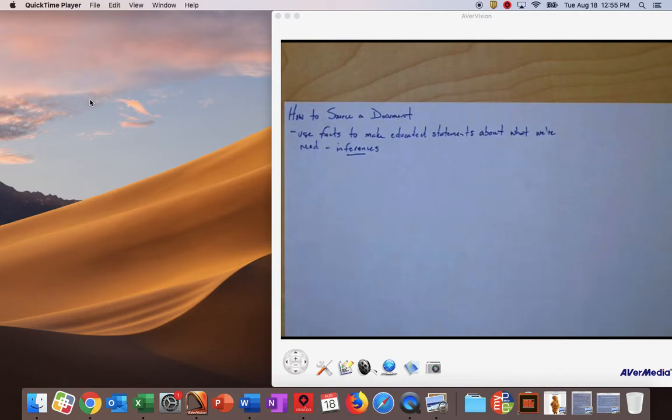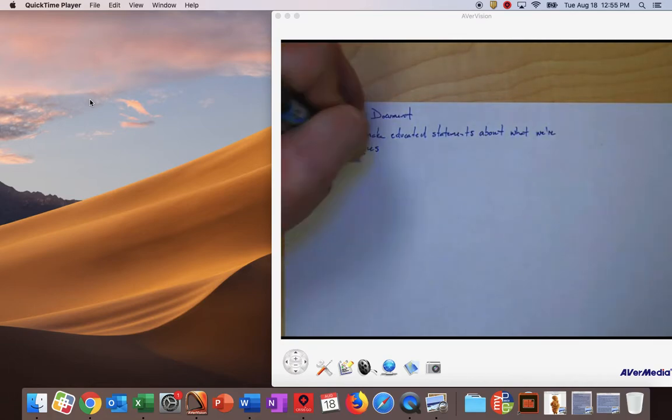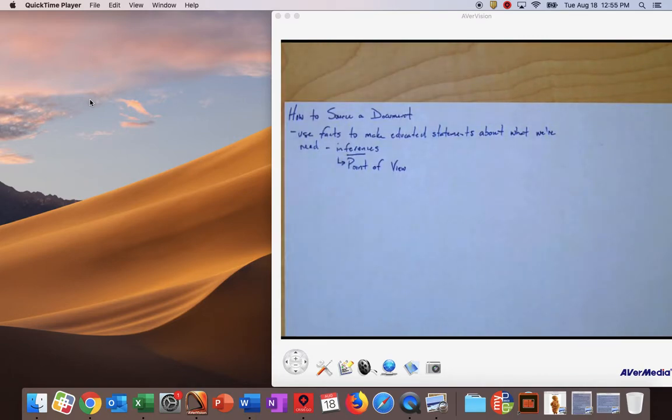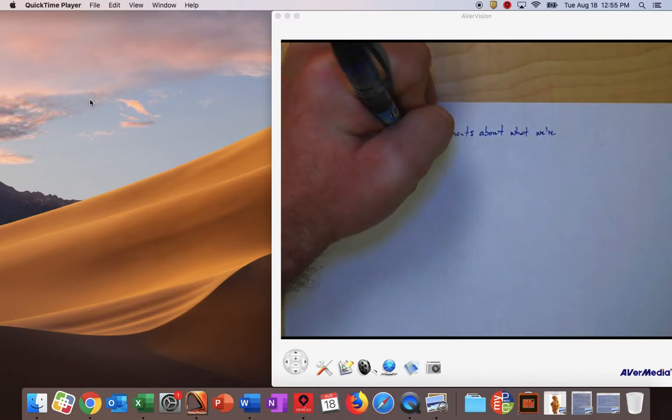So what kinds of inferences are we going to be making? There are 4 types. Point of view, which we've already kind of mentioned. Historical situation.